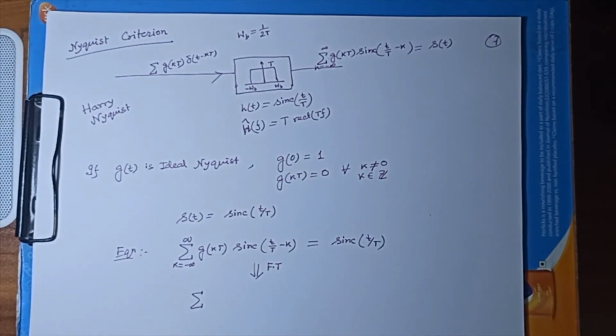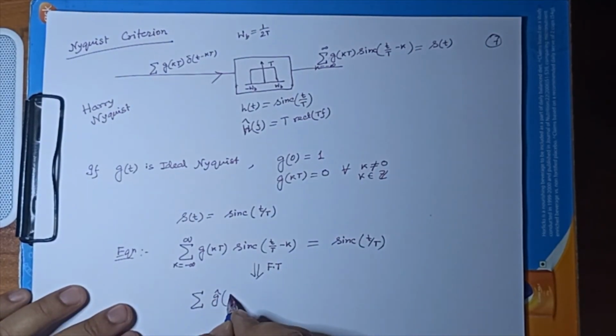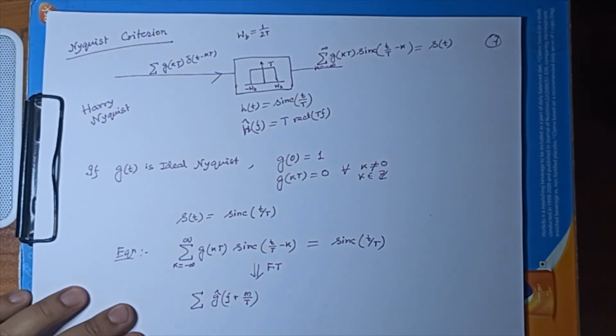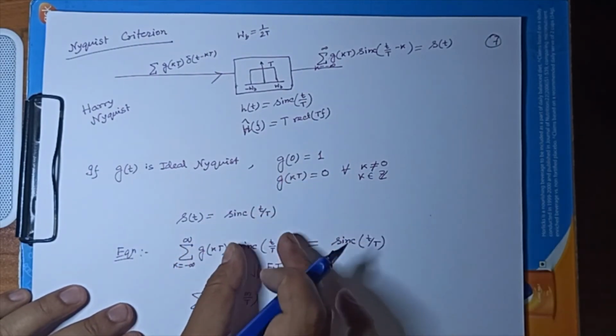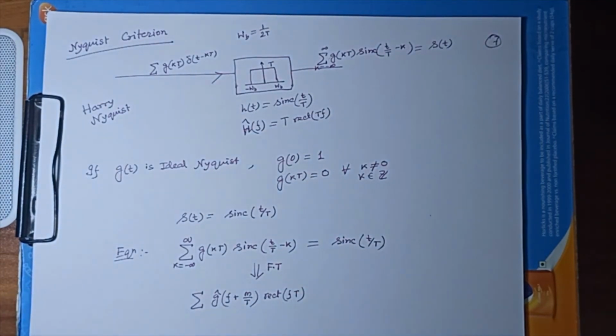So the corresponding spectrum will be sum of G hat(f plus m by T), where 1 by T is the period, convolved with sinc, that is basically rectangular, rect(fT), isn't it?